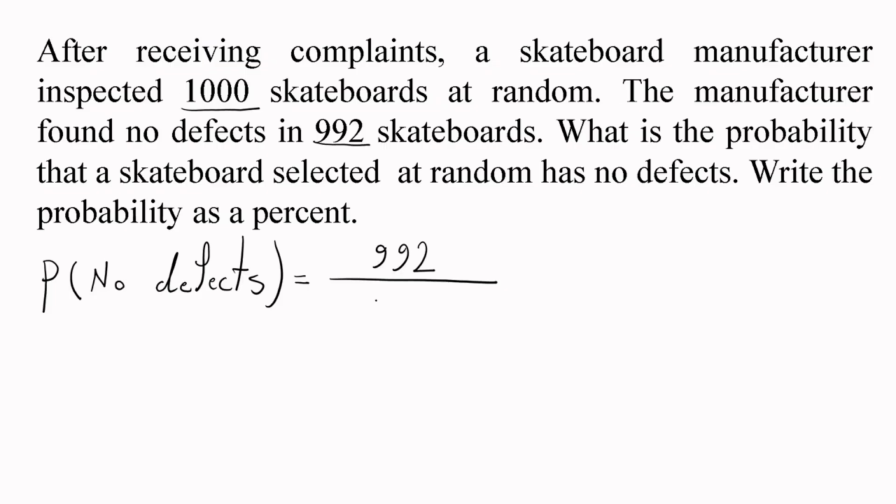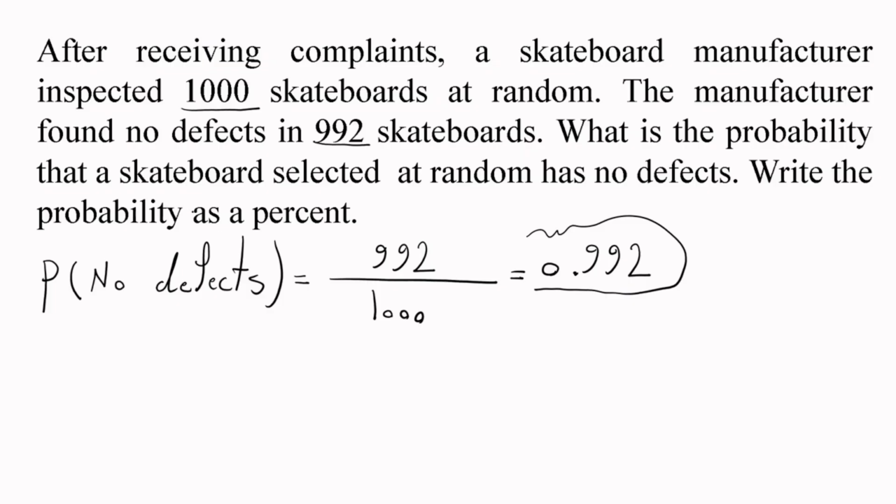As you can see, 1000. So I can write it as 0.992. This is the probability of no defects when you select a skateboard at random.